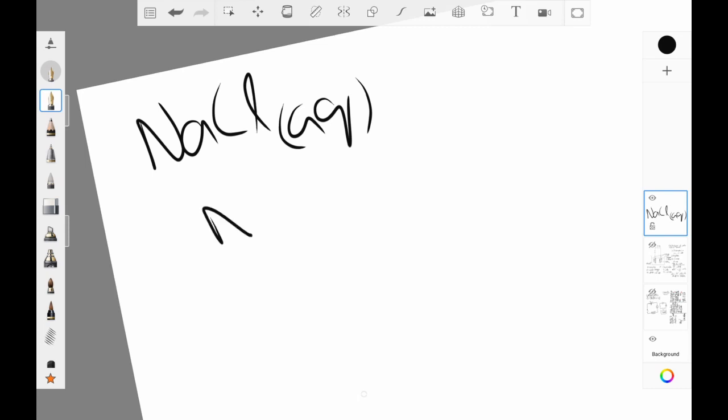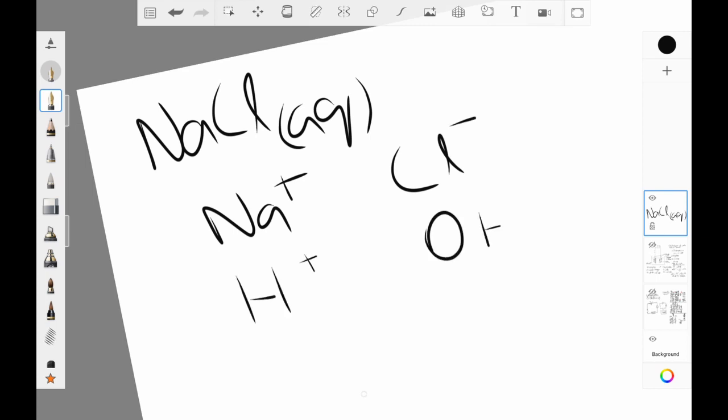So to demonstrate that, you have Na+, Cl-, H+, OH-. So you have four different types of ions as opposed to just two different types.